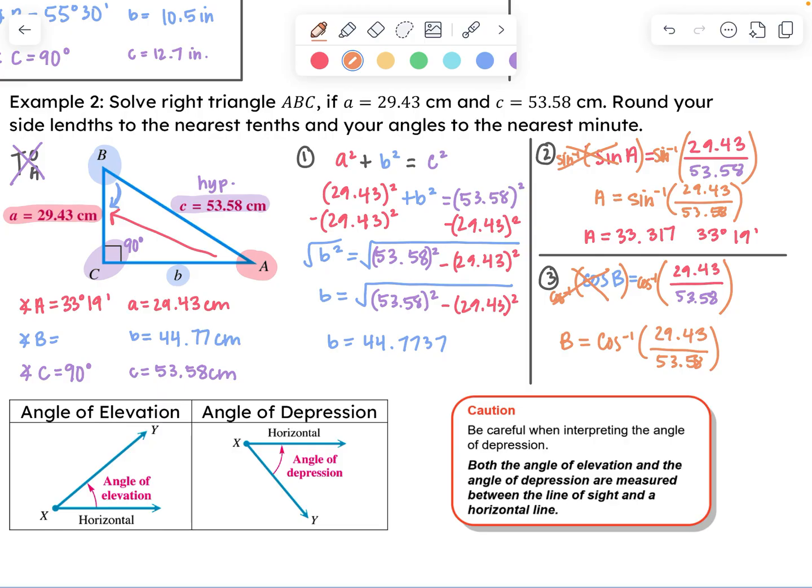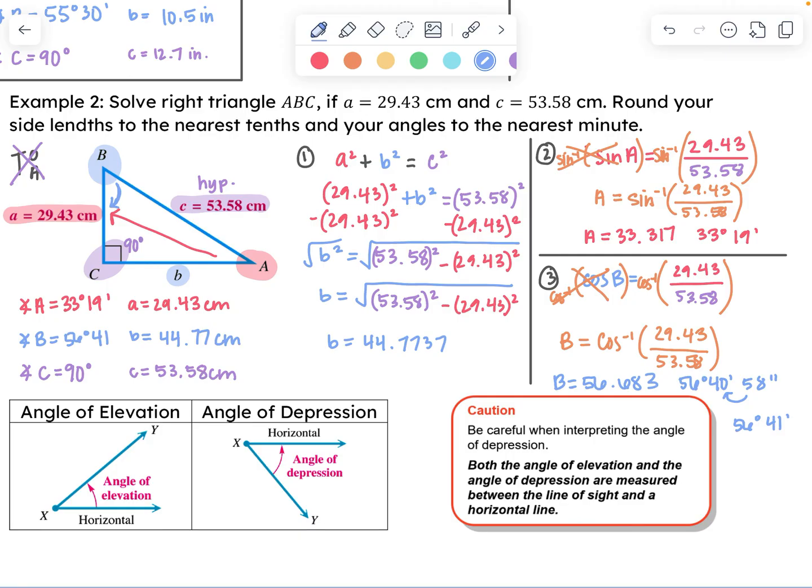Okay, when we look at this one in our calculator, it's going to spit out 56.683-ish. Which when we do our second apps 4, it's going to be 56 degrees, 40 minutes, and 58 seconds, which is going to round that up to 56 degrees and 41 minutes.